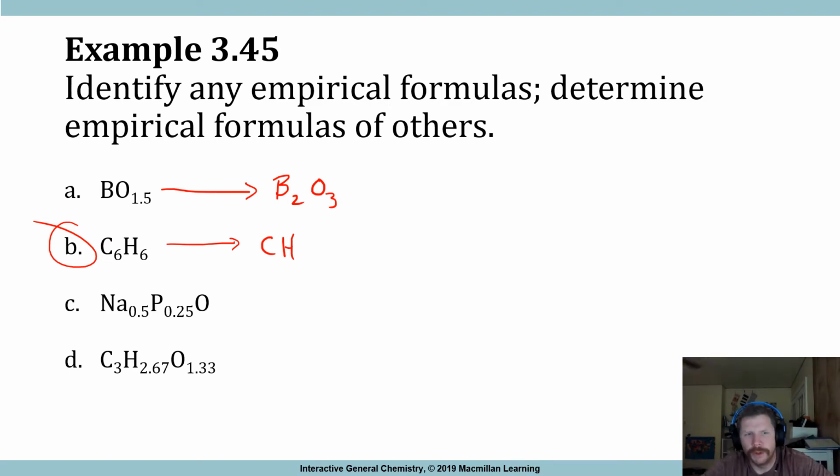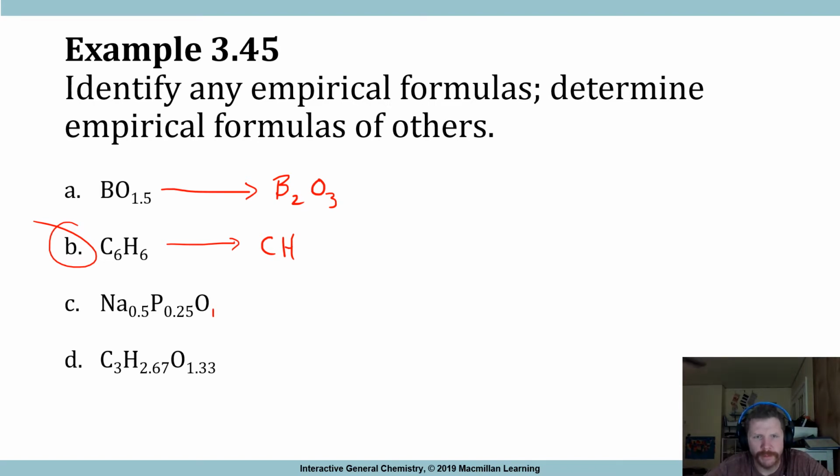Now, if we look at answer option C, this is a little bit tricky. What this shows us is that there are 2 times as many moles, 0.5 to 0.25 moles of sodium to phosphorus. Oxygen, your subscript is 1. Now, how would you get 0.25 to be a whole number?